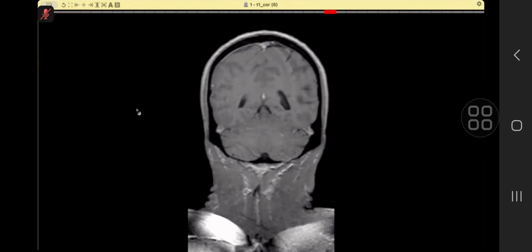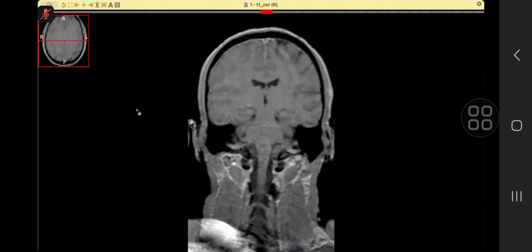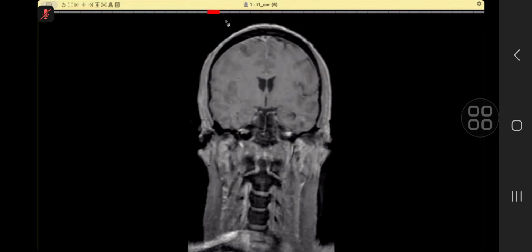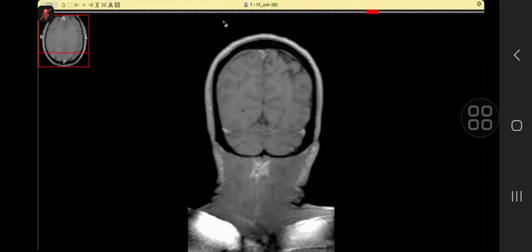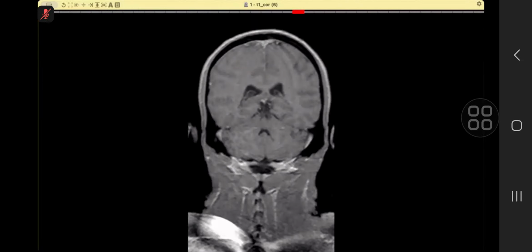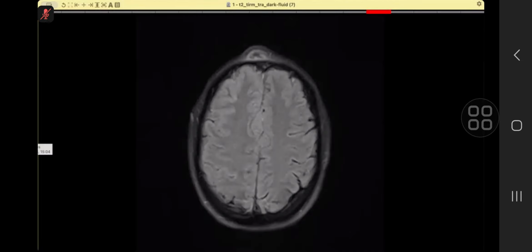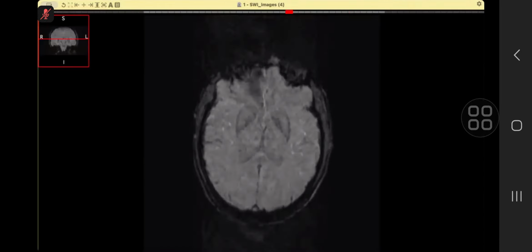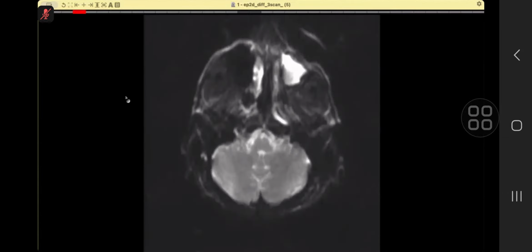This collection here. Anything else you would like to see? Is there diffusion? This is the diffusion.